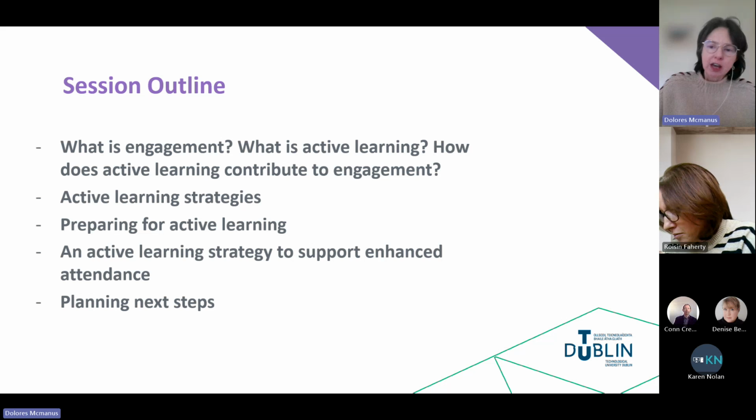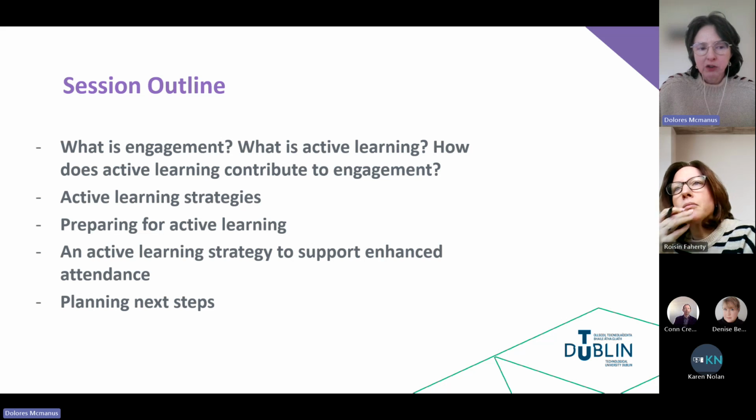We'll be talking about some general principles that apply to all active learning. So really just some little preparatory pieces of work that you will need to do when you're getting ready to introduce some active learning strategies to your students. We're going to look at one specific strategy which may benefit attendance.